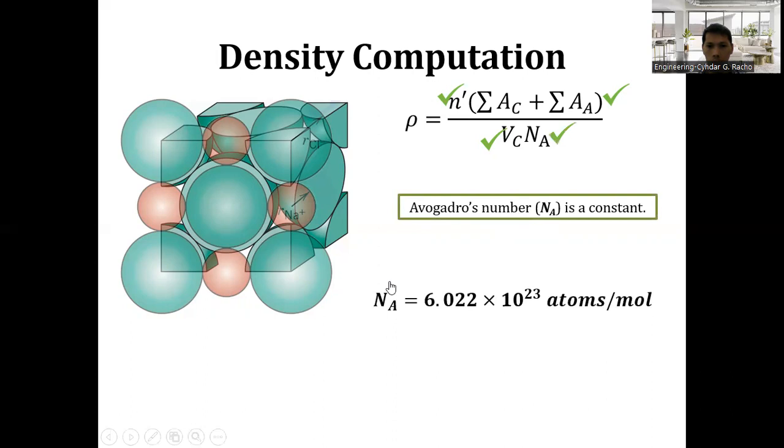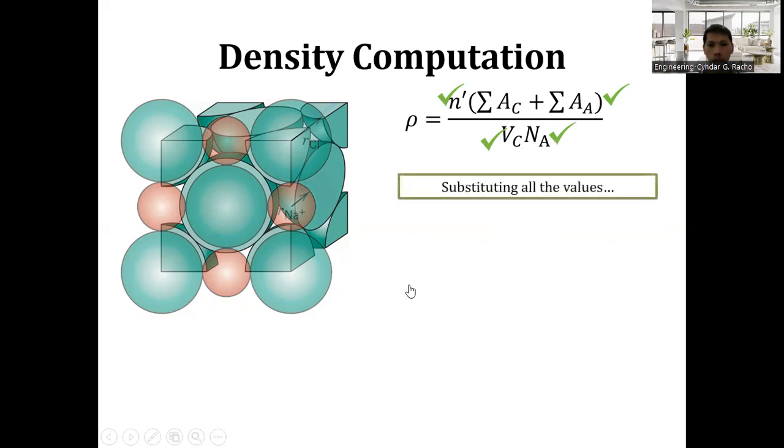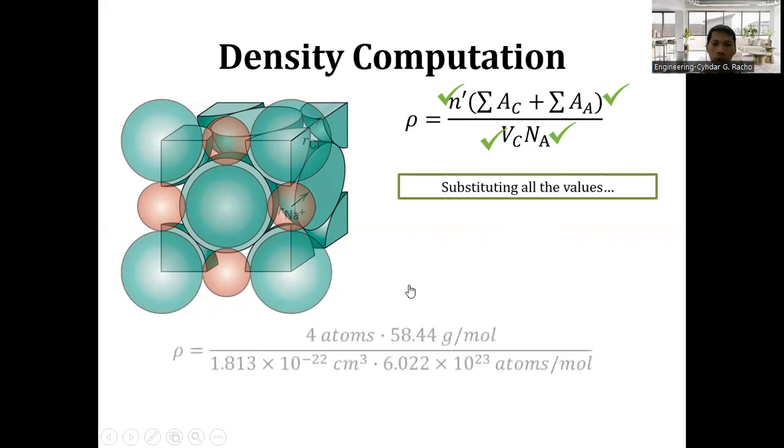Avogadro's constant is equal to 6.022 times 10 to the 23 atoms per mole. Substituting all the values, you have your n prime, your summation of atomic weights, your volume of the unit cell, and Avogadro's constant.